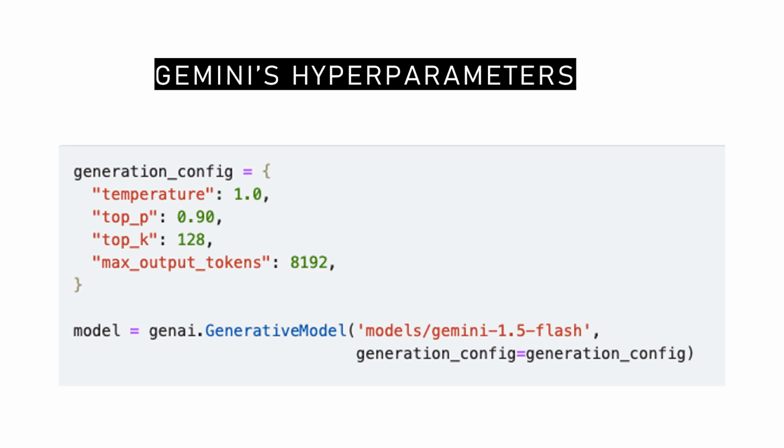For example, the temperature, I guess, is the most influential, but top P, top K, and the max output tokens are also variables to consider. And also the competition allows us to use either Gemini 1.5 Pro, Gemini 1.5 Flash, and Gemini 1.5 8 billion.